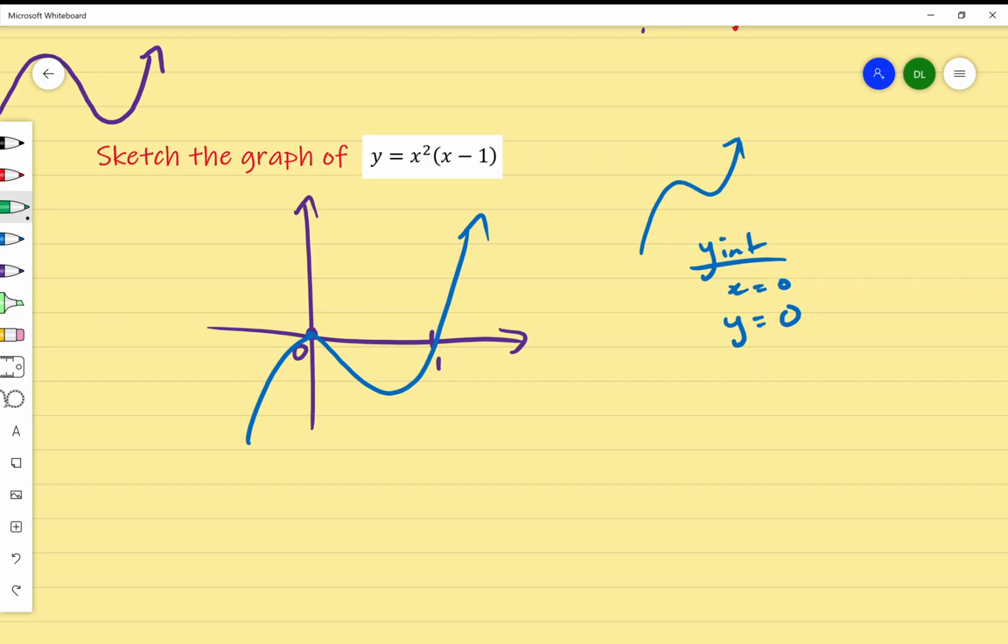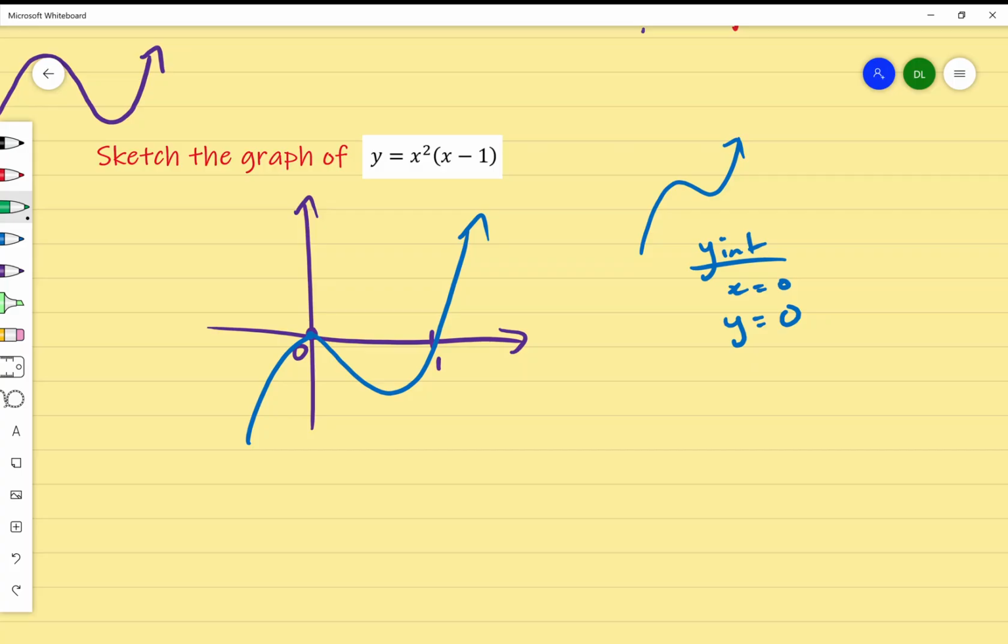So if it has a repeated factor, that means on both sides it's going to be the same, either both negative or both positive. You cannot have, for example, something like that, because that is not symmetrical. For a repeated factor like x squared, it is the same on both sides.